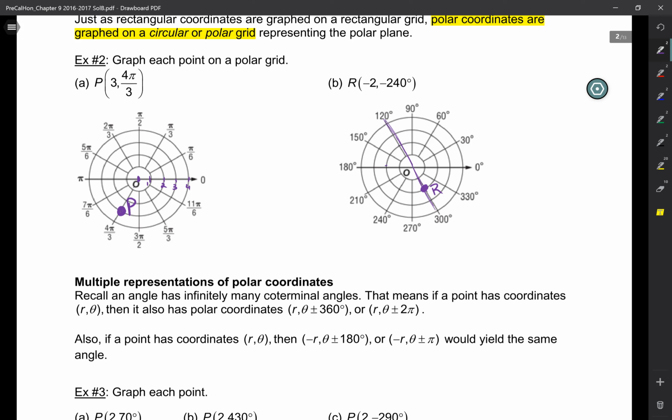Okay. So to specify the location of point P, I could say that's at 3 comma 4 pi over 3. How else? Is there another set of coordinates that would get me to the same point? If you take a negative angle, if you add a 360, right?